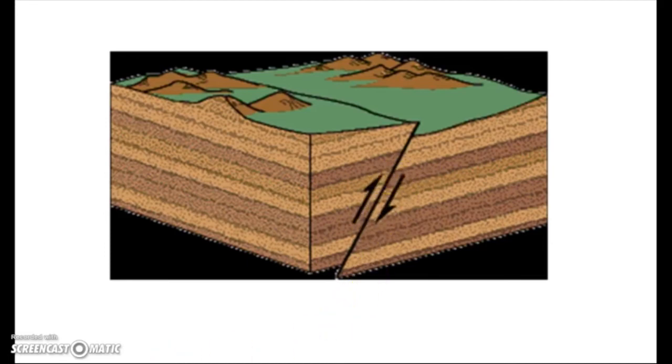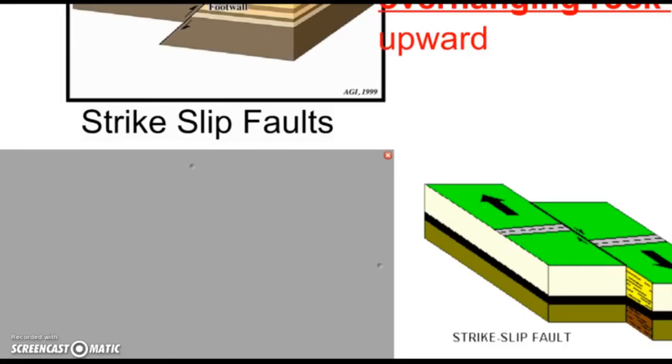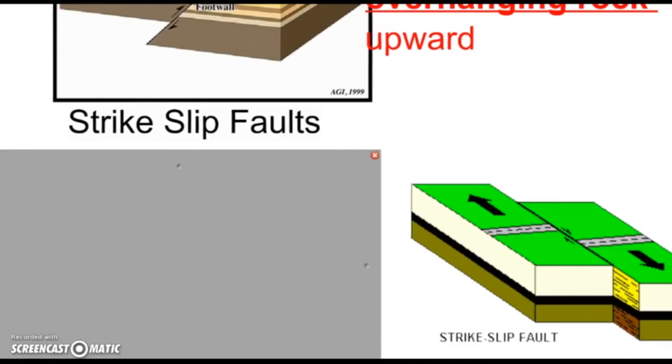So take a second. You should be able to see that this rock over here is the overhanging rock. It's over the fault. You can think the overhanging rock is pressing down on the fault, and it has slid up, so this is a reverse fault.